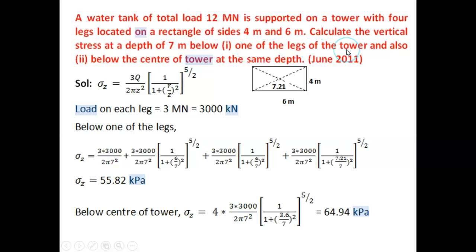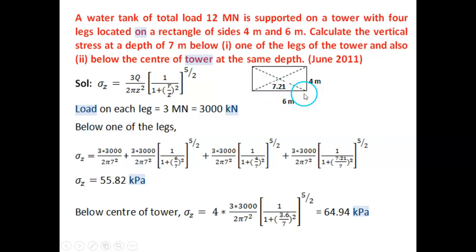So if you consider any one leg, suppose this left corner, then whatever the load that is acting above this point will become direct load and the other 3 corner loads will become neighboring loads, for which the radial distances have to be determined.